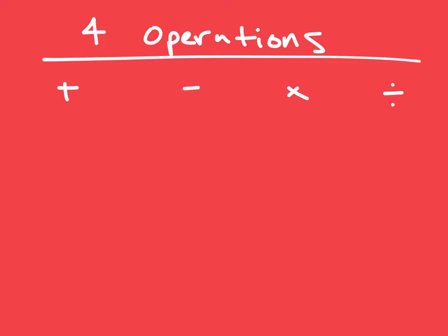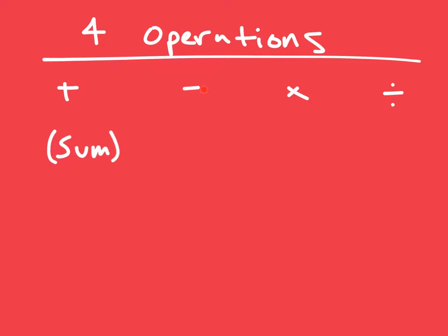Okay, the next thing I want to talk about are the 4 operations that we use in mathematics up to this point. And that's going to be addition, subtraction, multiplication, and division. And we've got a couple of words associated with this. So if I use the word addition, I also use the word sum, okay?